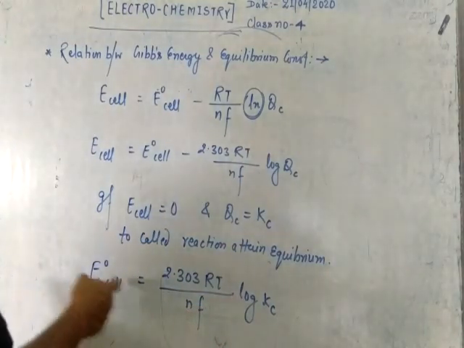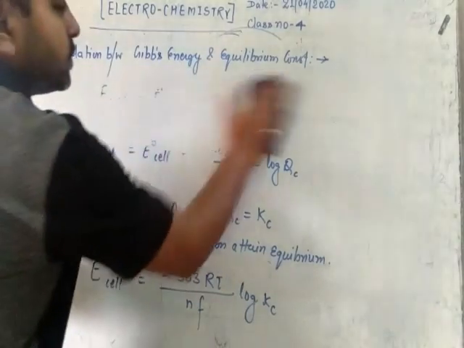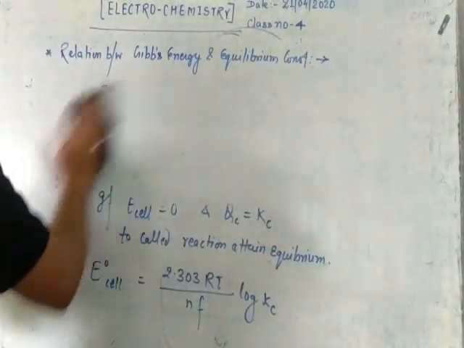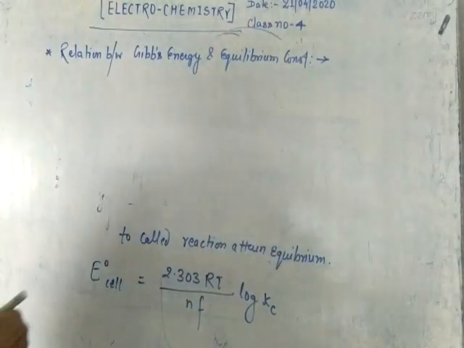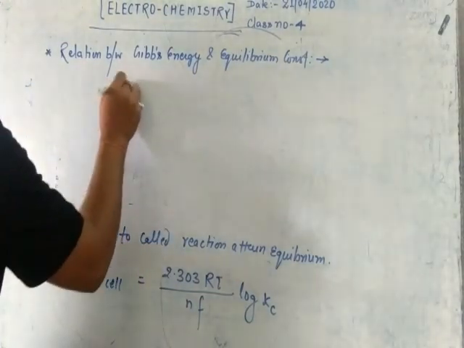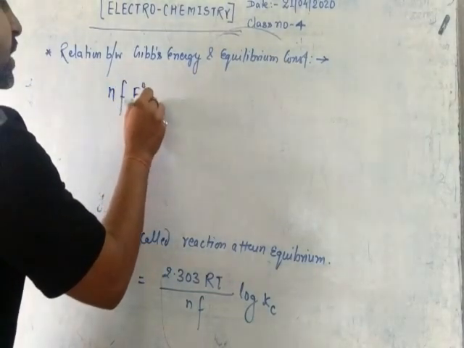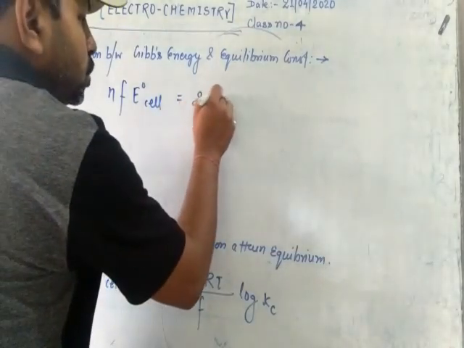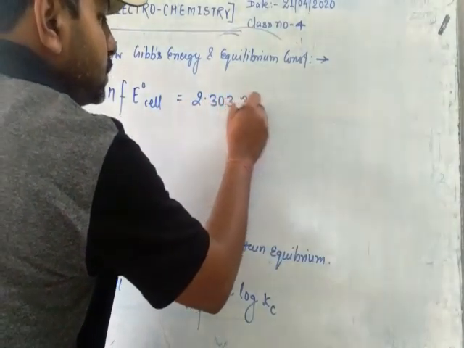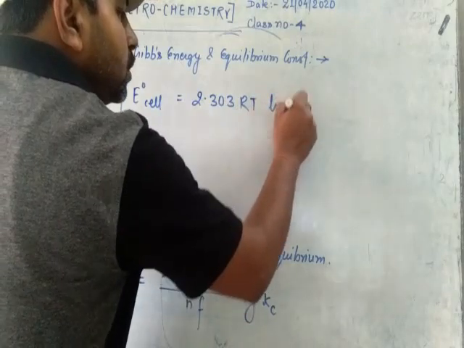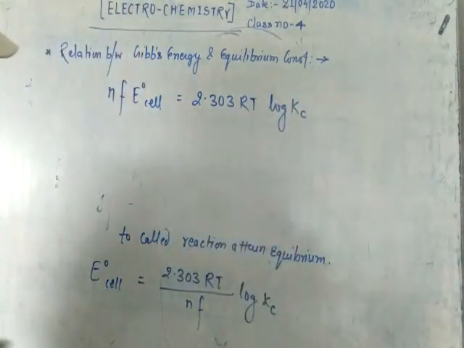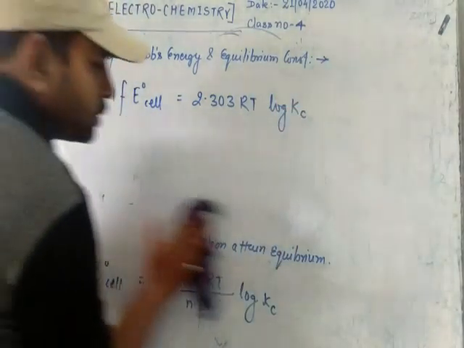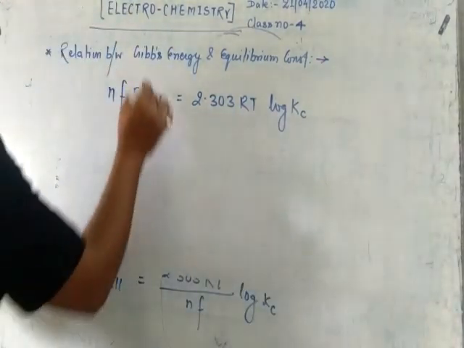Now students, we multiply them to write that nFE0 cell equals 2.303 RT log Kc.